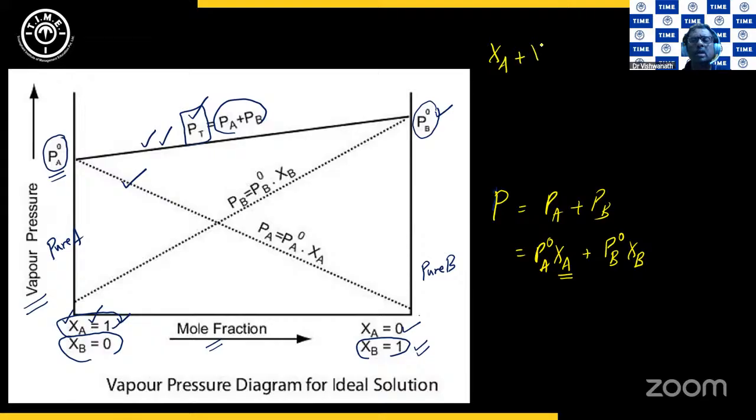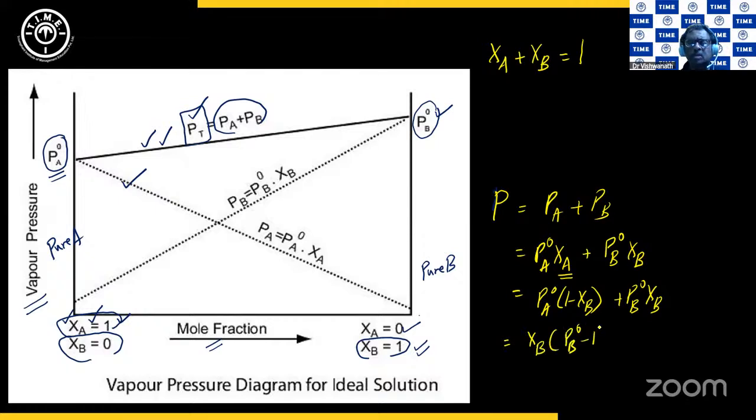There are only two components, and the sum of the mole fractions is equal to 1. So I can replace this Xa with 1 minus Xb, and the remaining I'll put as it is. So I have not got Xa now. I am proceeding with Xb. So I can write this as Xb into (Pb naught minus Pa naught) plus Pa naught, and this is P.